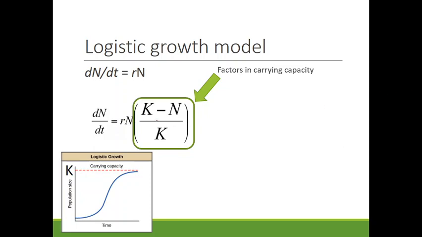Remember that K is the carrying capacity, and N is still just the population size. So let's spend some time thinking about what happens when the population is small, and what happens when the population gets bigger and gets up towards the carrying capacity.